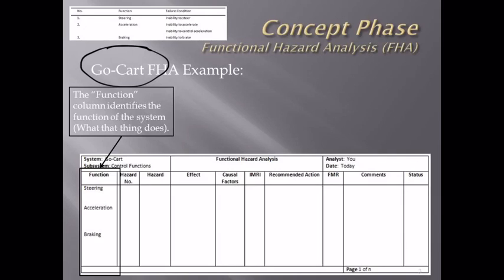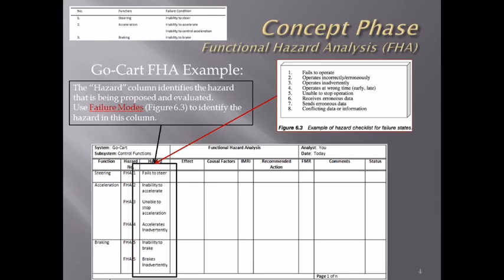The function column here comes straight from the system functions that are given in the engineering document. So steering, acceleration, and braking, in this case, are the functions in this first column. In the hazard column, we identify the hazard. For functional analysis, it is important to use the hazard checklist for failure states.